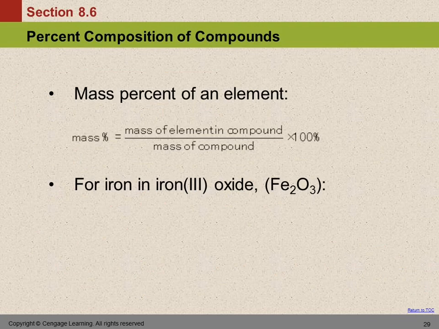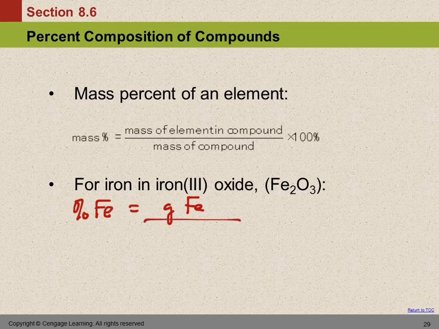So let's look at iron 3 oxide and calculate the percentage of iron. So the percent iron, and this is by mass, the mass percent, will equal the grams of iron, that's the part, divided by the grams of the whole thing, times 100%.